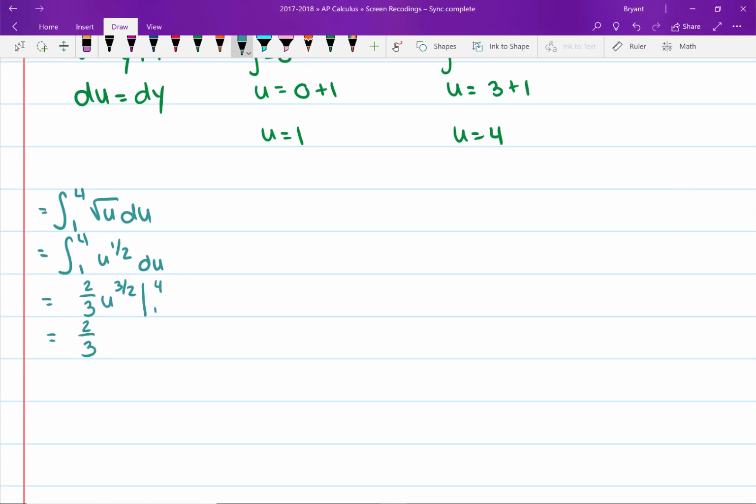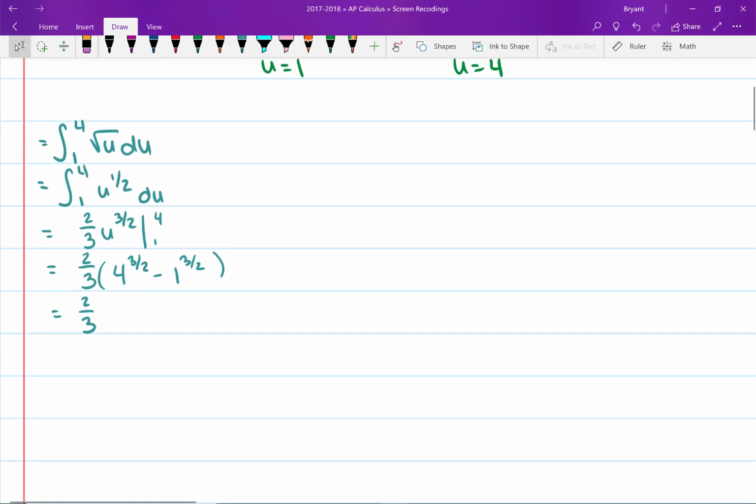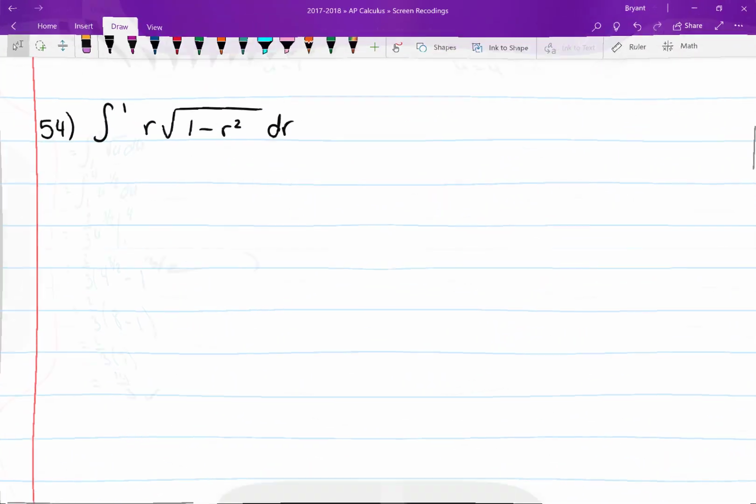So this is 2/3 times 4 to the 3/2 minus 1 to the 3/2. So this is 2/3 times 8 minus 1, which is 2/3 times 7, which is 14 over 3. Alright, moving on to the next problem.